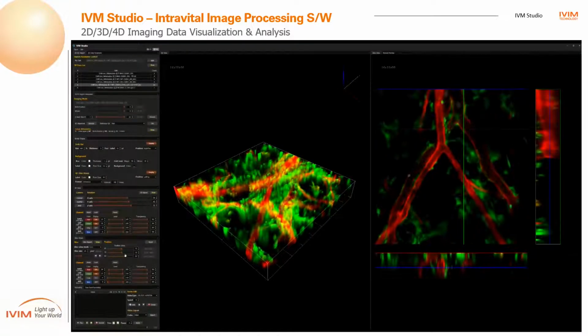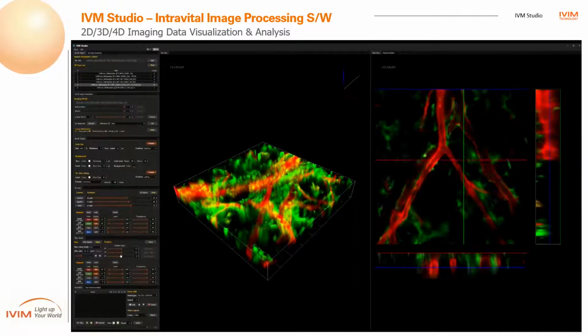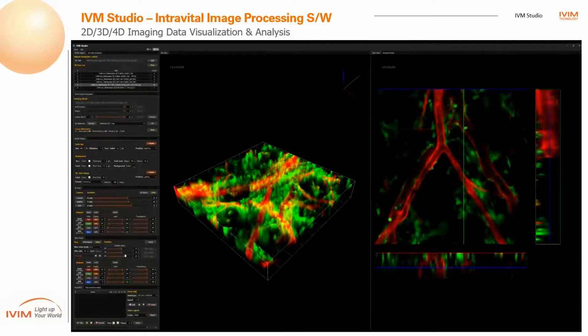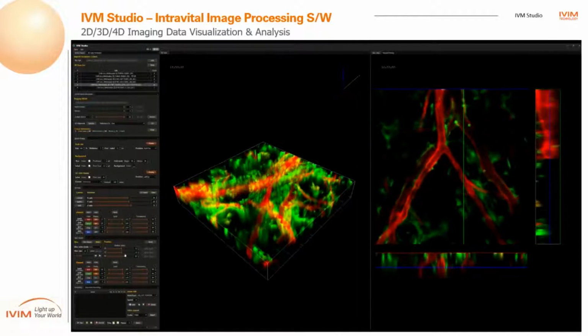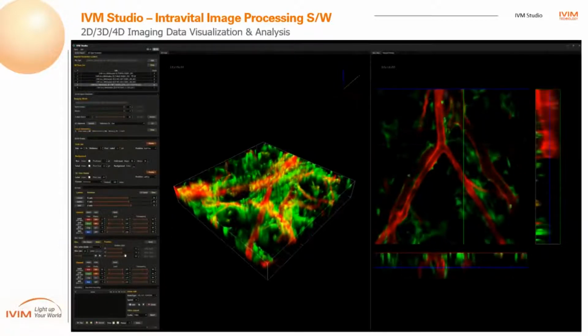The following is the 4D data we acquired by 3D imaging of ear skin over time. 4D analysis of the cell dynamics and cross-sectional colocalization analysis are available in real time using the Studio software.